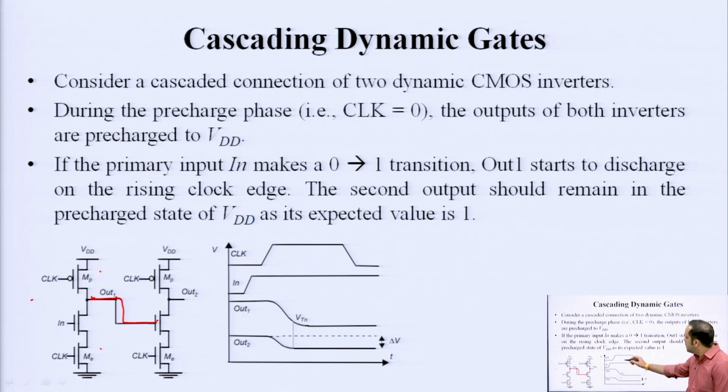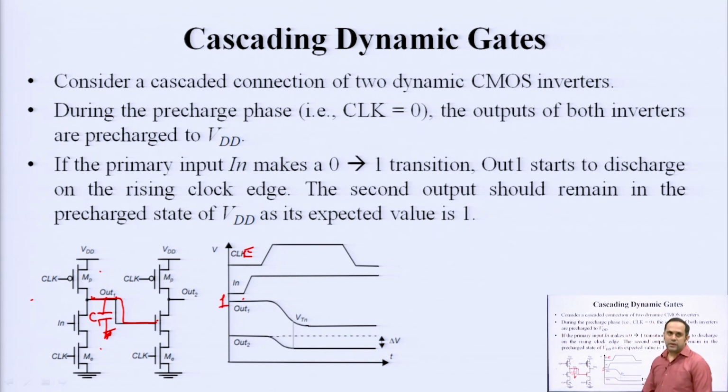When the clock is low, this is your pre-charge stage. The output load capacitor, which you can call C1, charges to VDD. So, out 1 goes to logic 1.